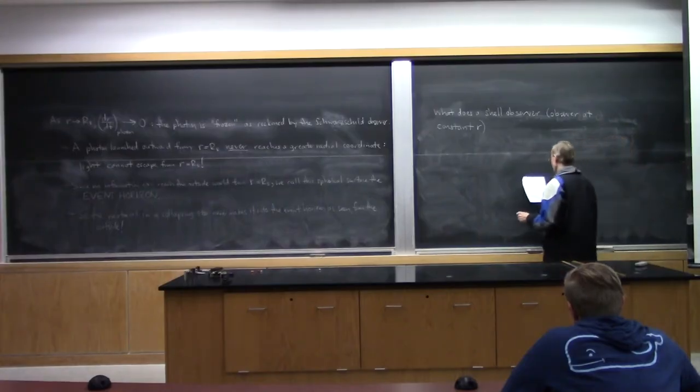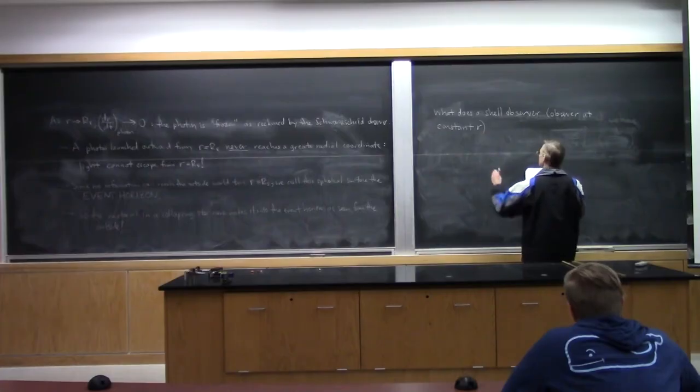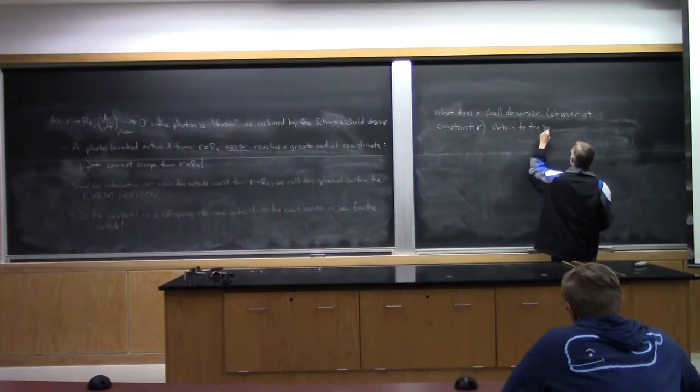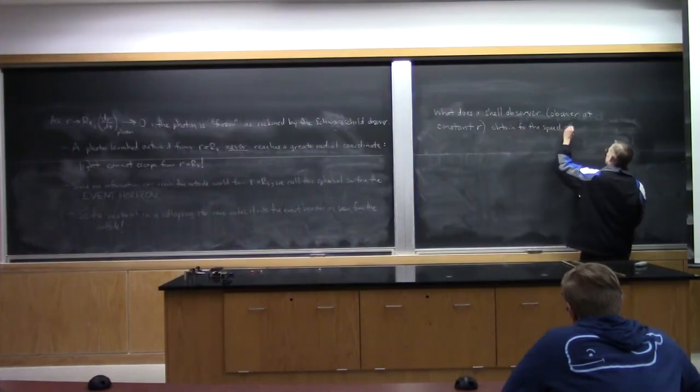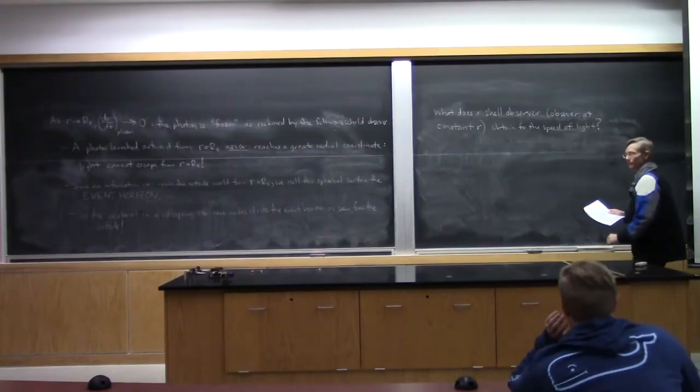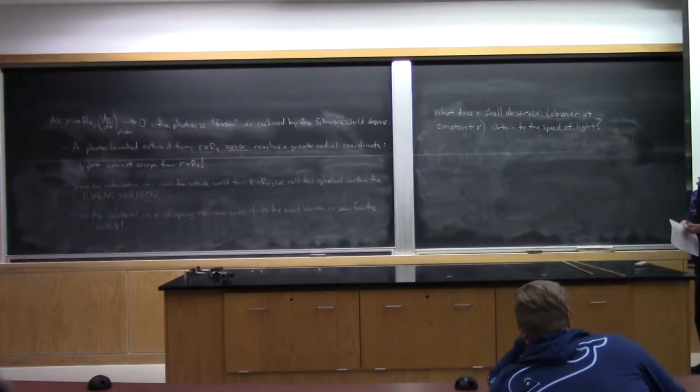Observer at constant R obtained for the speed of light. BP is a, what does BP stand for? Yeah, British Petroleum. Yeah.